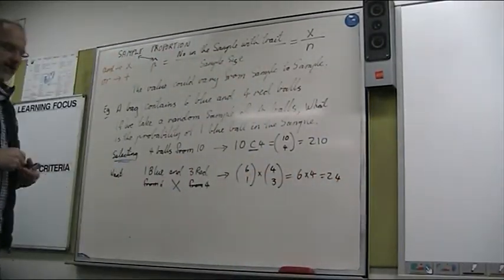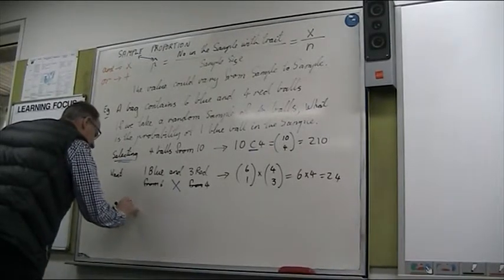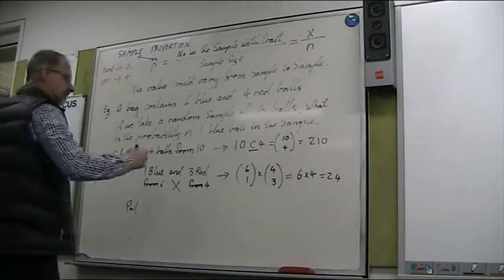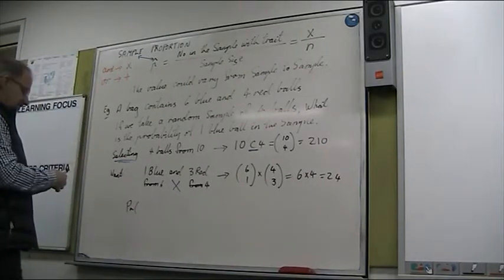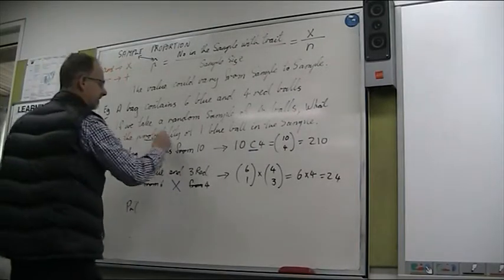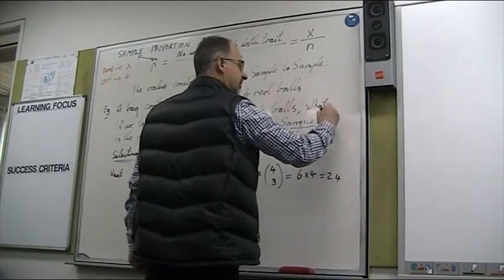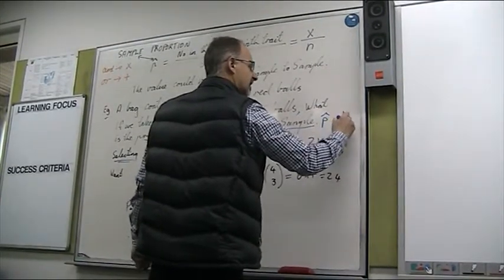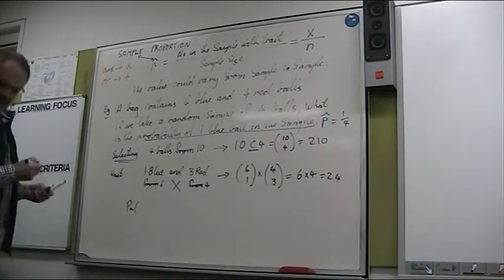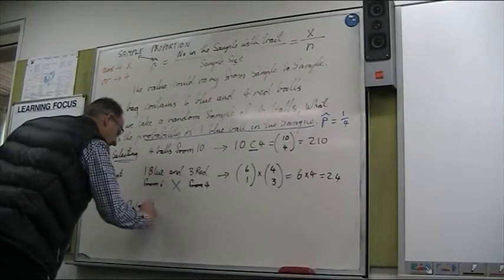If we're now looking at the probability of one blue ball in the sample, that means we're looking for a sample proportion of 1/4. What is the probability that our sample proportion is equal to 1/4?